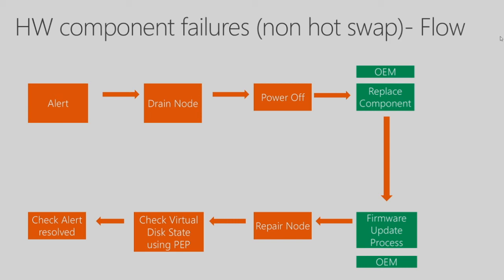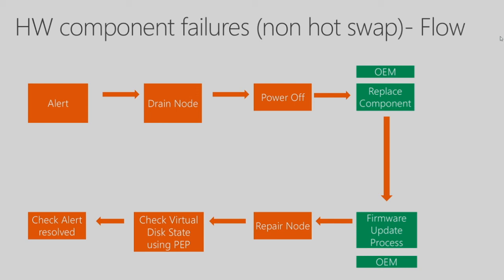Hardware component failures. Again, it starts with an alert. You drain the node. You power off the node. The hardware partner comes in and replaces the broken component. And here is an important step.